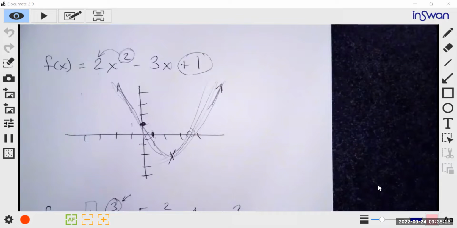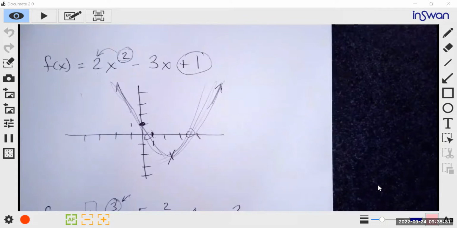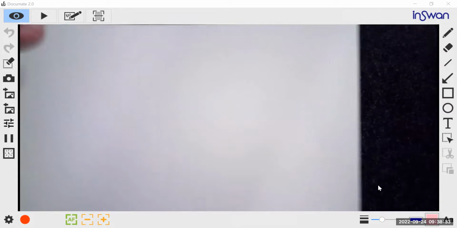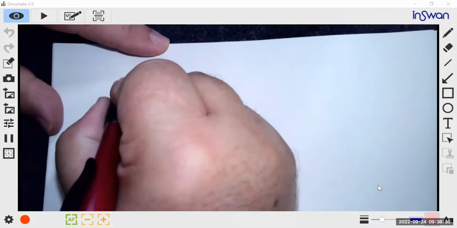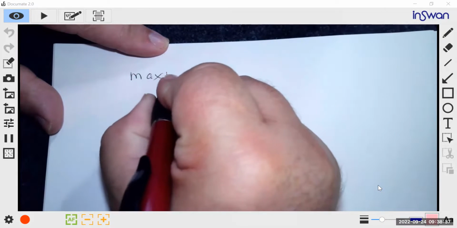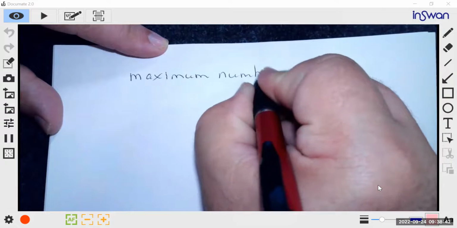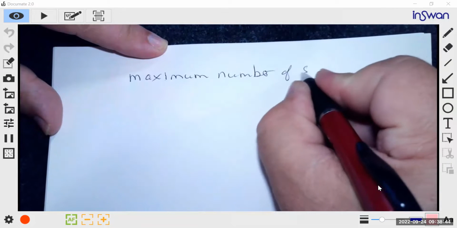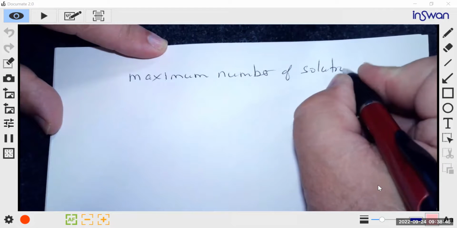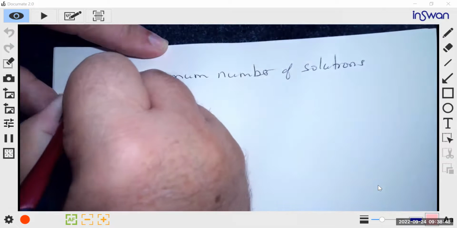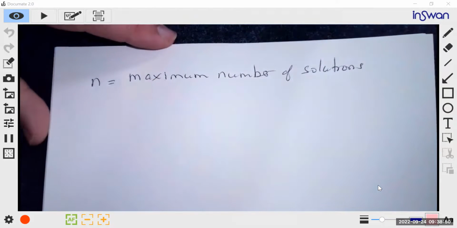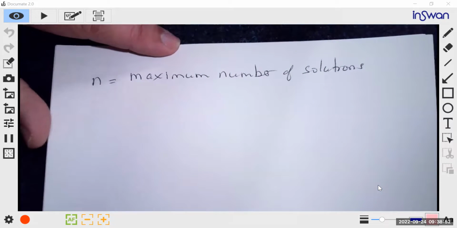Why do I say maximum number of solutions or intercepts? The degree n equals the maximum number of solutions possible.